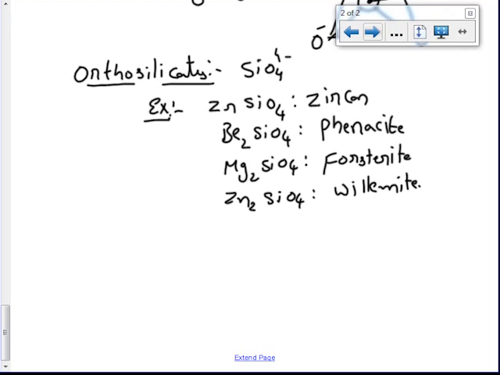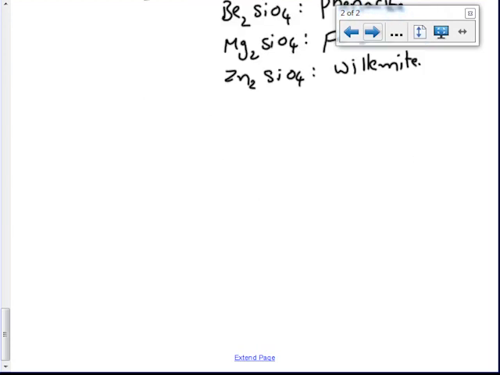Types of silicates. Silicates have different types, and how they combine, with a few examples, we are discussing as this chapter is going to complete. The first one is pyrosilicates.